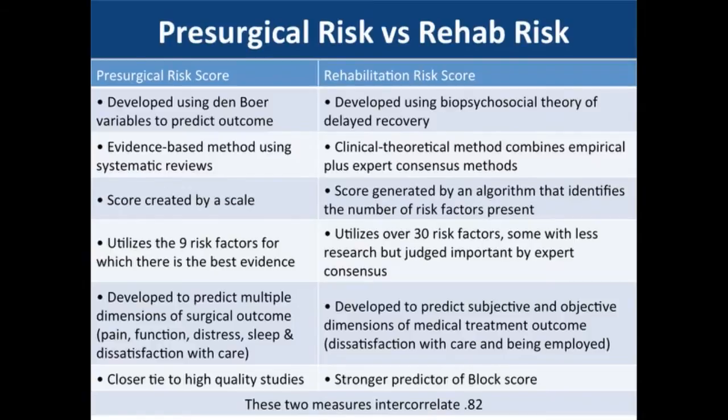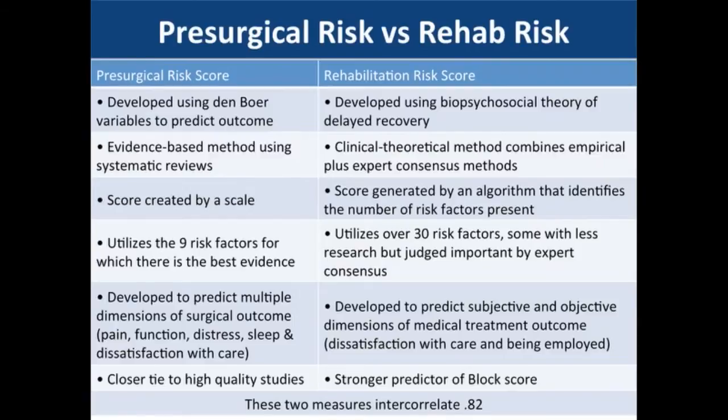Rehab risk was looking at two things: subjective satisfaction with care and something objective. Was the patient working? If you're able to work and have a job, that's an objective outcome that gets away from self-report and feelings.